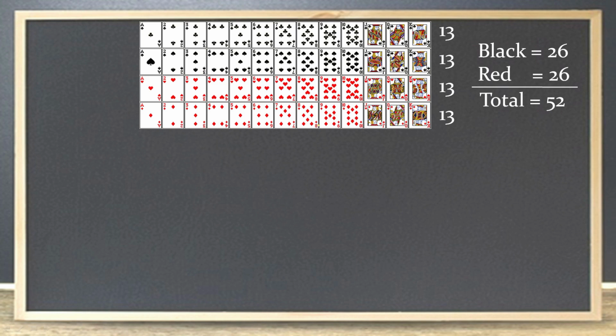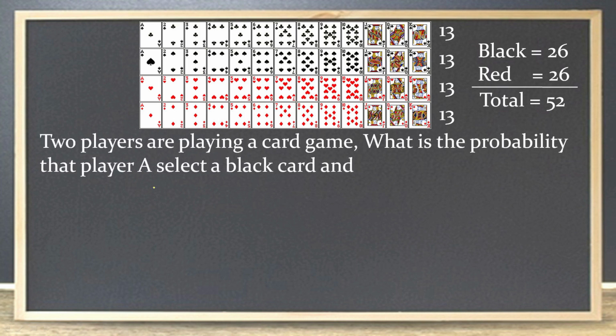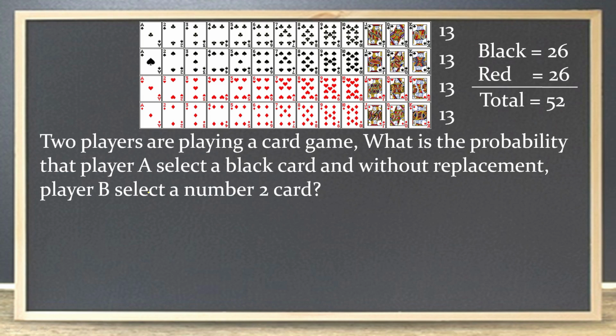Okay, so let's see this problem. 2 players are playing a card game. What is the probability that player A selects a black card and, without replacement, player B selects a number 2 card? Okay, so from here we clearly see that these are dependent events.